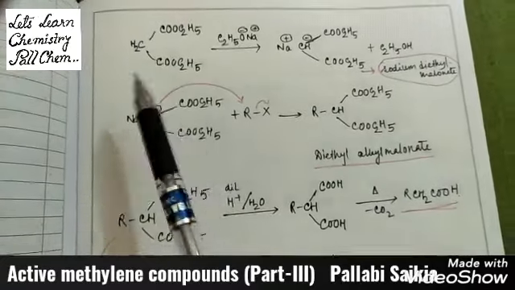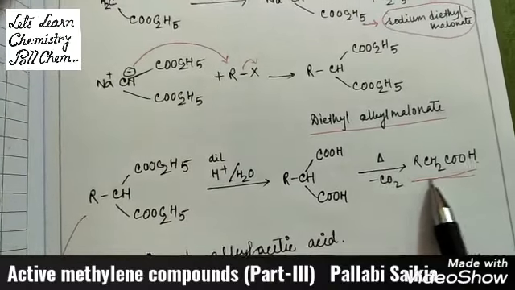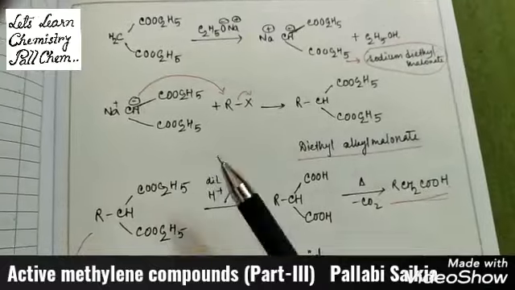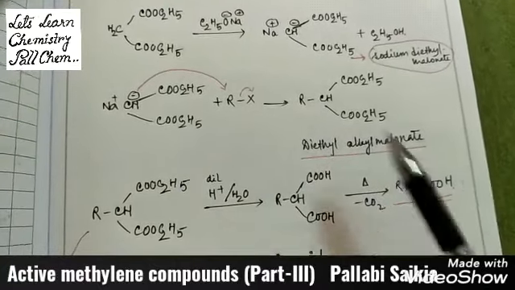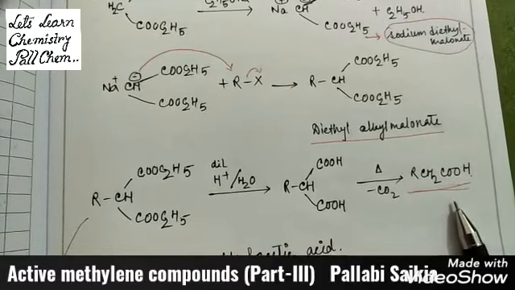So from diethyl malonate we can form alkyl acetic acid. This is the application of diethyl malonate to the synthesis of organic acids.